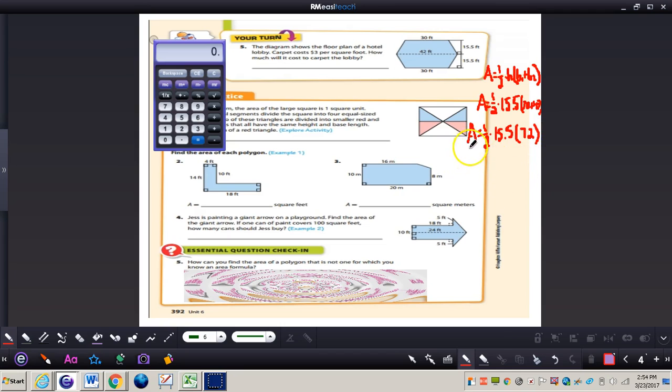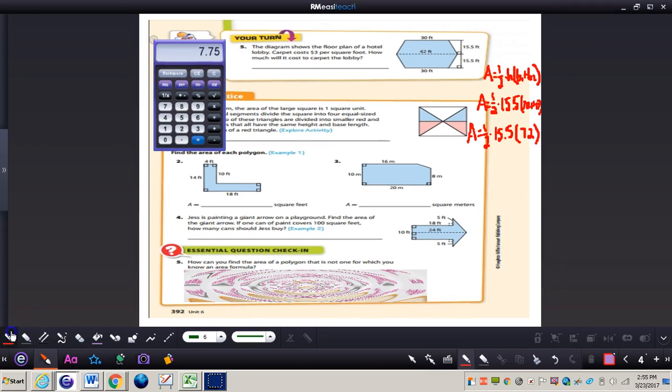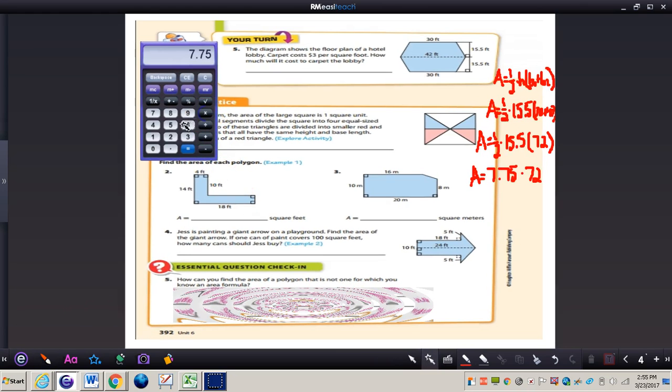Now we have area equals 1/2 times 15.5. We can type that in first, so 0.5 times 15.5. That's going to give me 7.75. So let's write that out in our formula. Area equals 7.75 times 72. 7.75 times 72 is going to give me 558.